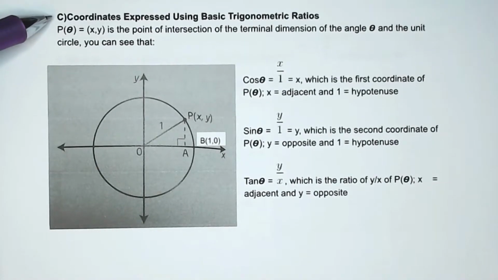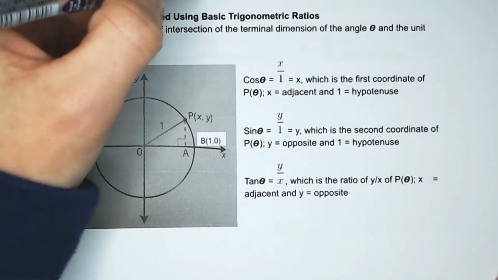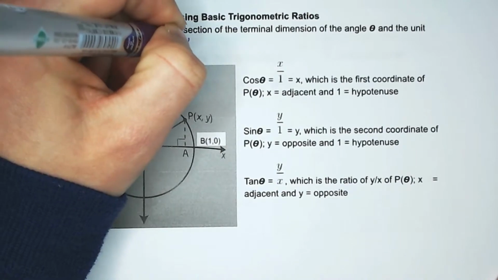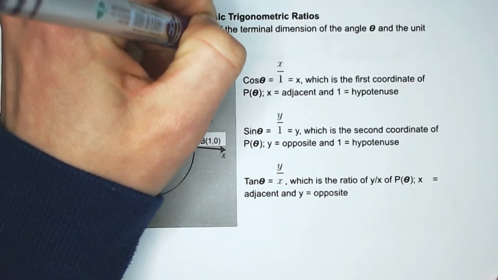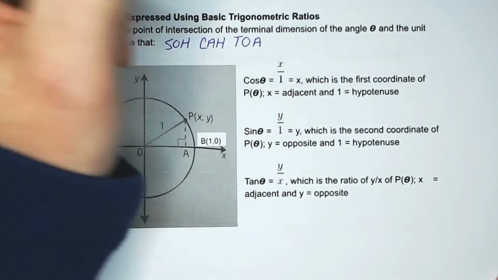So using the unit circle, we can also determine coordinates expressed as basic trigonometric ratios. So this goes back to that SOHCAHTOA that we talked about in class, where sine is equal to opposite over hypotenuse, cos is equal to adjacent over hypotenuse, and tan is equal to opposite over adjacent.